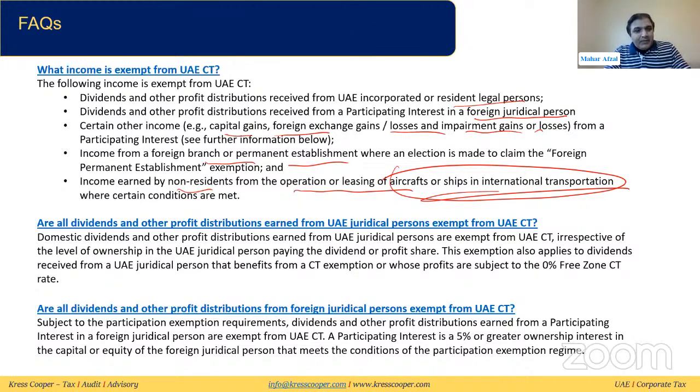All dividends and other profit distributions earned from a UAE juridical person are exempt from UAE corporate tax. We have already discussed this in the first category.